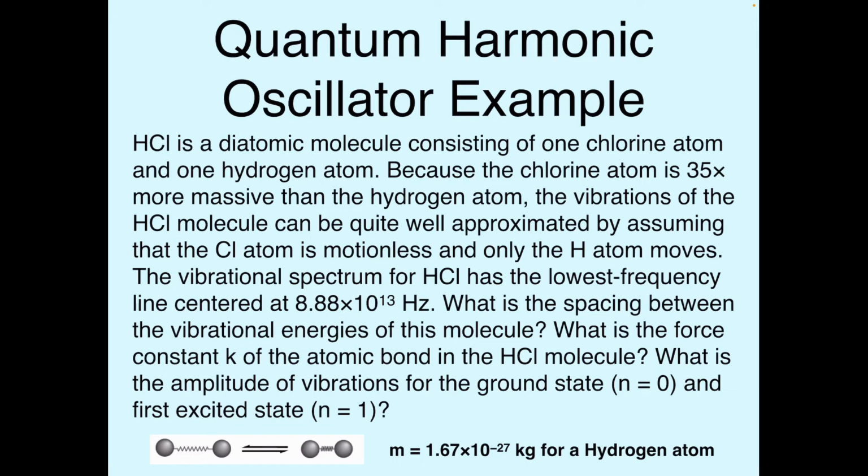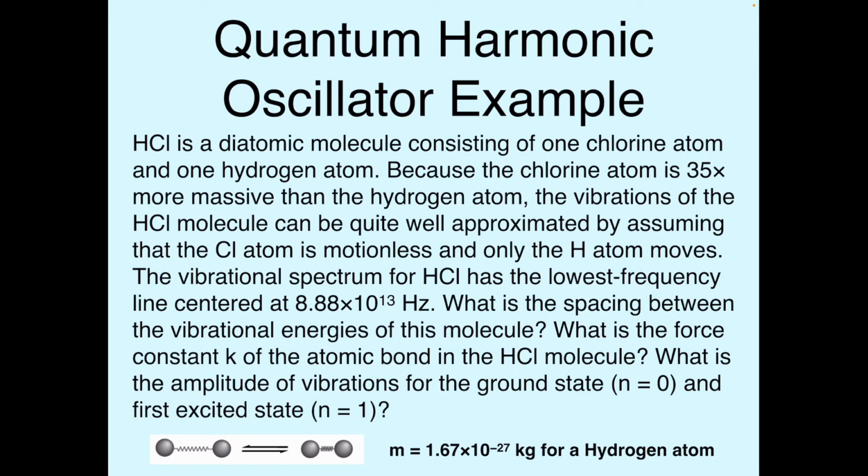They can get closer together, further apart. And when that happens, the molecule vibrates. So for the HCl molecule, we're assuming only the hydrogen atom is moving any significant amount, and the Cl atom is motionless because it's so much more massive. Okay, so that's the preface.